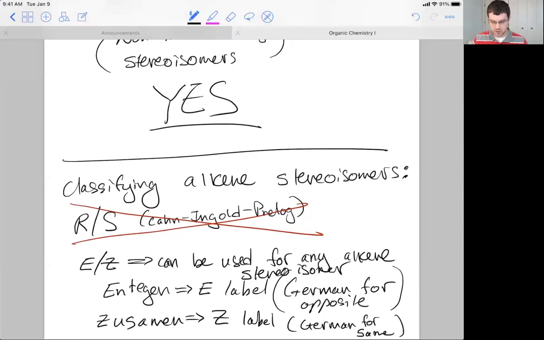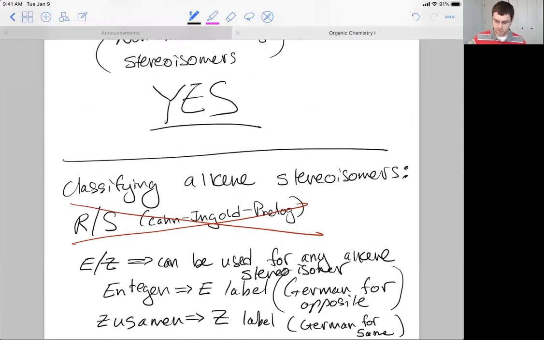Okay, so with the EZ method, which can be used for any alkene stereoisomer, we need to keep in mind what they're trying to stand for. We have two labels now, E and Z. E and Z replace R and S. So we don't use R and S for alkenes. Instead, we use E and Z. And they stand for opposite and same, respectively, I should say.